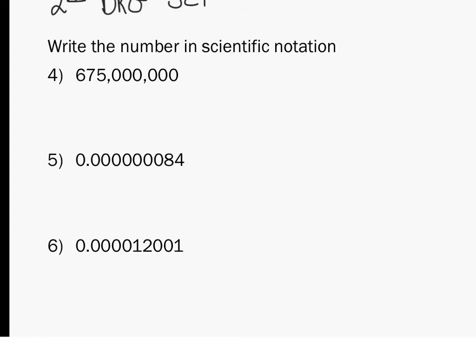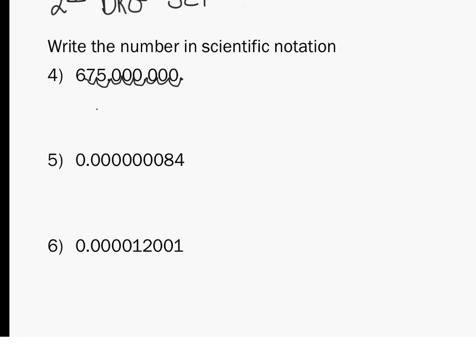Okay, so I'm gonna put my decimal here. Remember, I want to go to where the factor is greater than or equal to 1 and less than 10. Okay, so 1, 2, 3, 4, 5, 6, 7, 8.